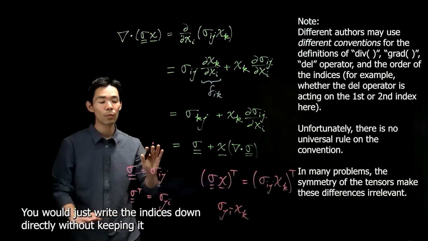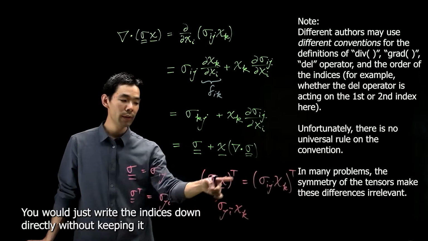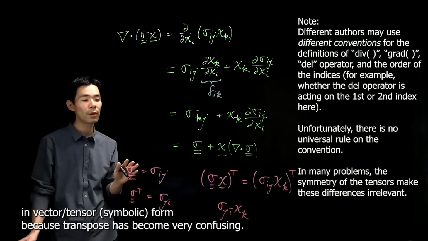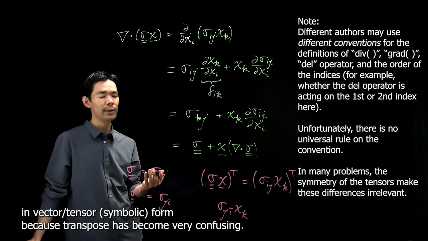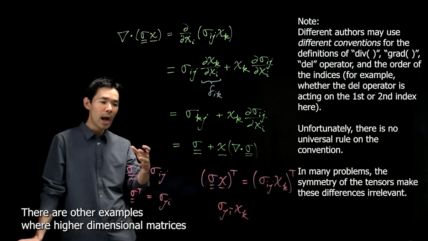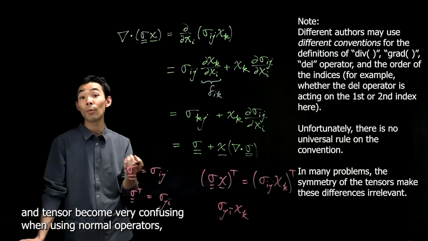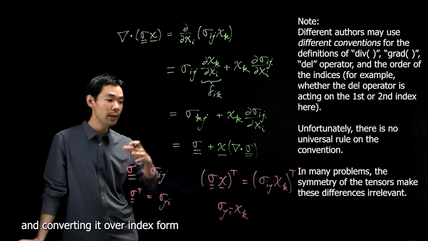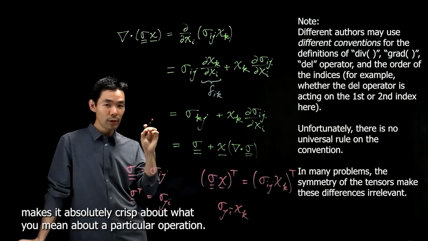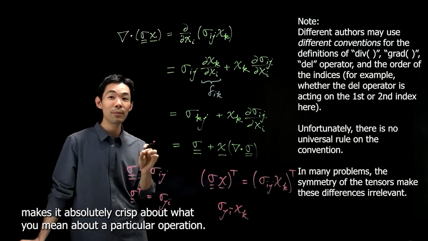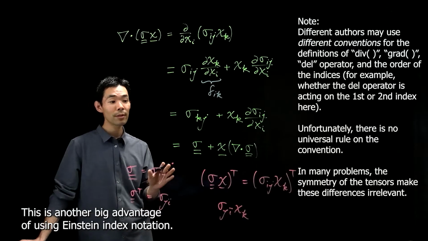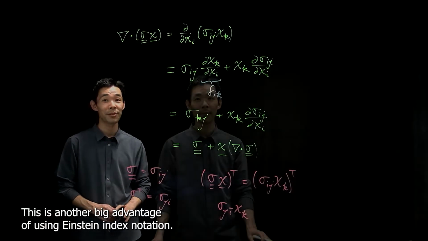For example, you would just write the indices down directly without keeping it in vector and tensor form because transposes become very confusing. There are other examples where higher dimensional matrices and tensors become very confusing when you use the normal operators and normal operations, and converting it over to index form makes it absolutely crisp what you mean about a particular operation. So this is another big advantage of using Einstein index notation.